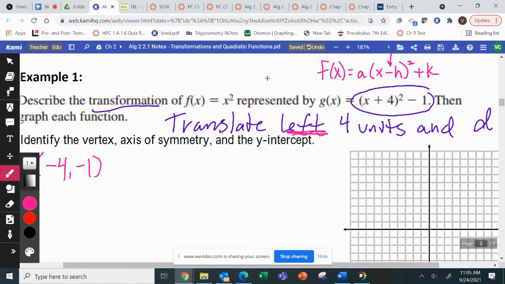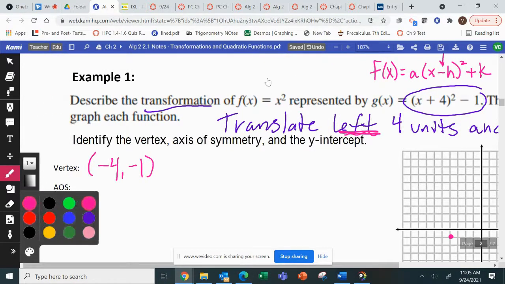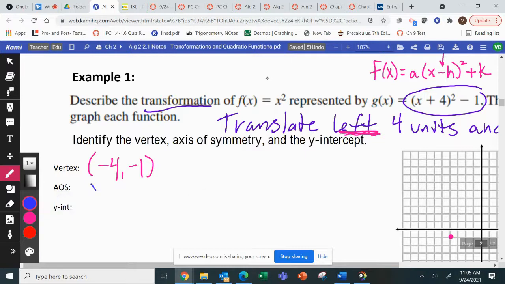So I'm going to go plot that. 1, 2, 3, 4, down 1. Okay, so there's our vertex. Our axis of symmetry, I'm pretty sure we came up with a trick yesterday. What is it, Marin? x equals -4, because the axis of symmetry is x equals, and then we take the x coordinate from the vertex.